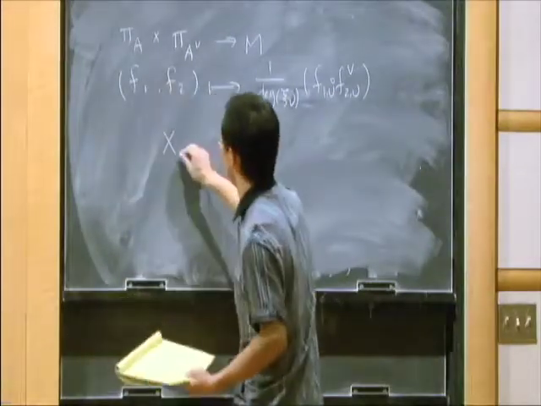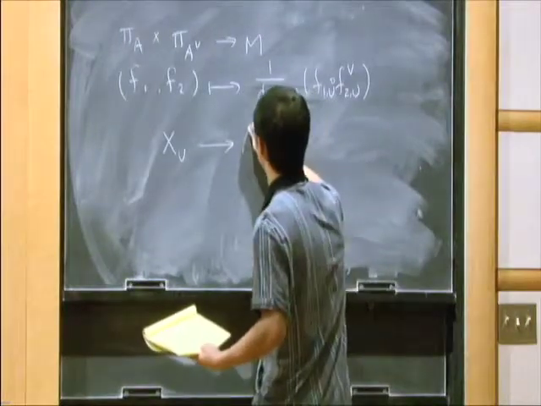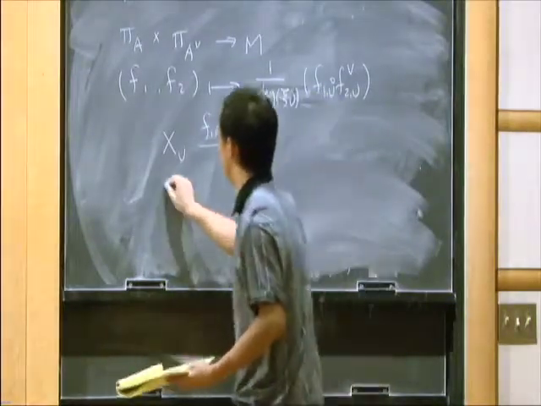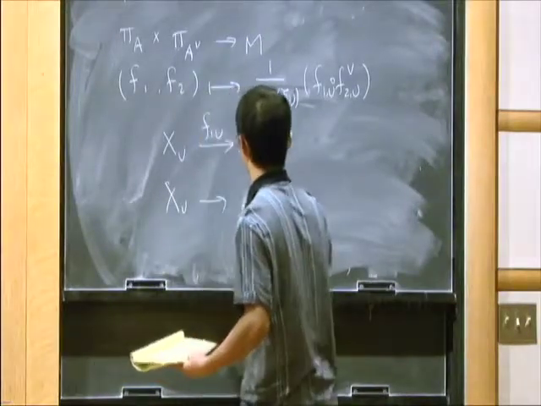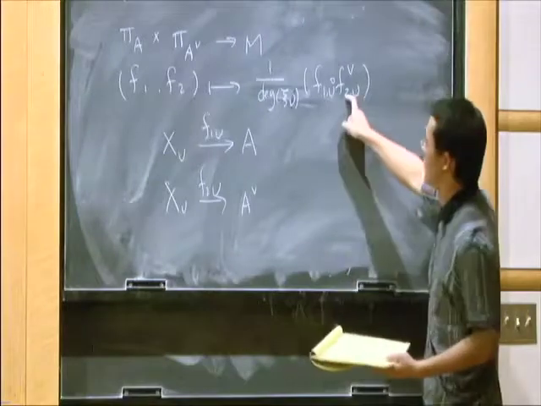If we have F1, it gives XU to A, if this is F1U. And if we have X2U, F2U, now we take the dual of F2U.